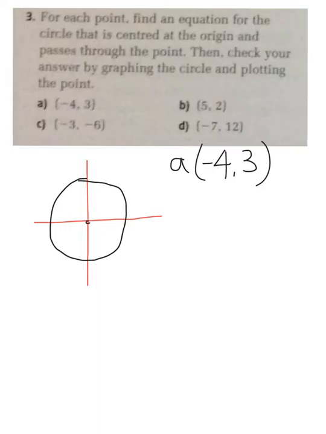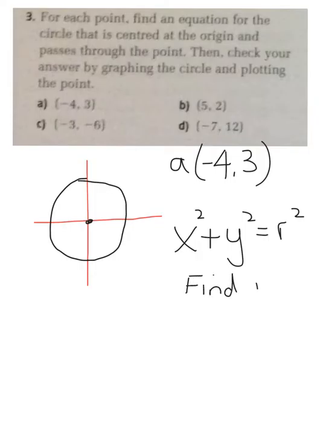So we know we've got center 0, 0. So we know the equation must be always x squared plus y squared equals r squared. So all we need to do is find the radius r. We know it goes through this point here, -4, 3, so -4, 3 is up here. That's the point -4, 3 there.